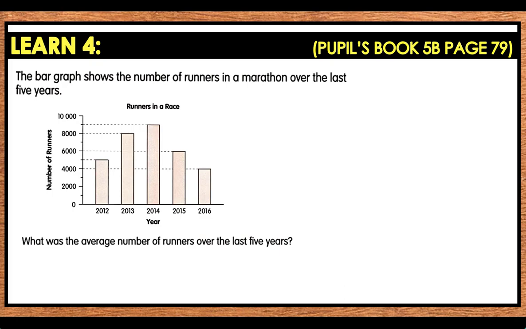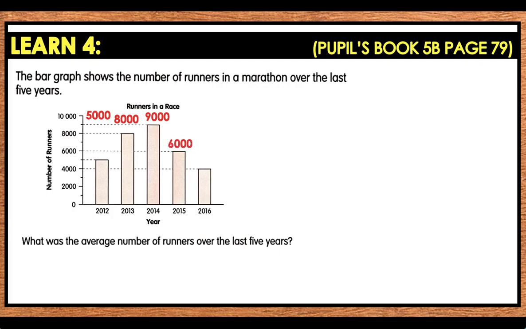When you are answering a question like this, try to identify or label your bar graph first. So, 2012 is 5,000. 2013, 8,000. How about 2014? 9,000. 2015, 6,000.